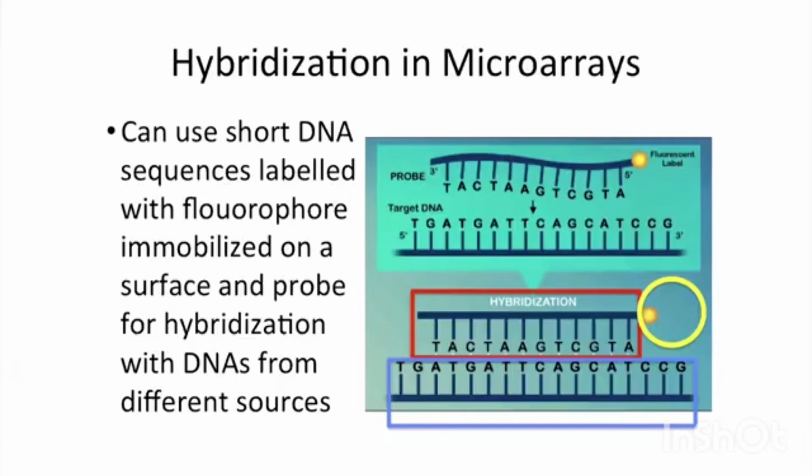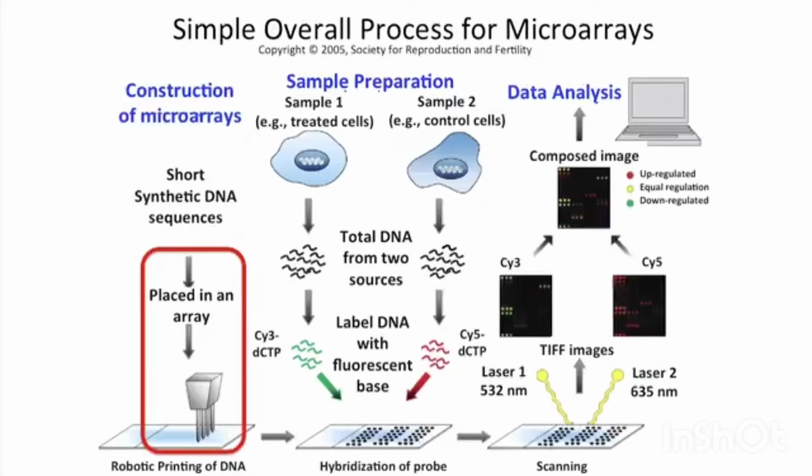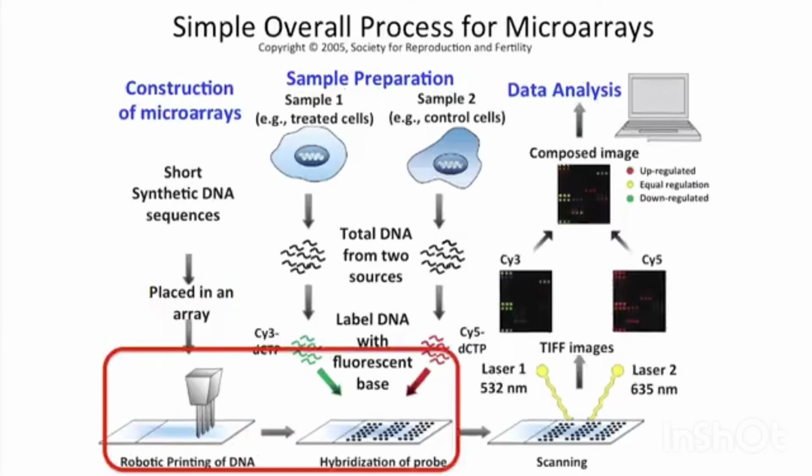Putting this together, we can describe a simple overview of the process for microarrays. There are more complex applications of this, of course. But we start with short DNA sequences that are synthesized and use robotic printing to place them in an array where we know what the sequences are at each position in the array.